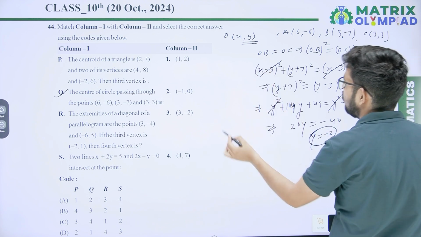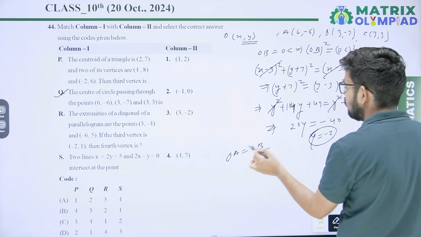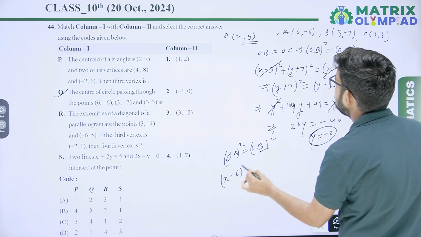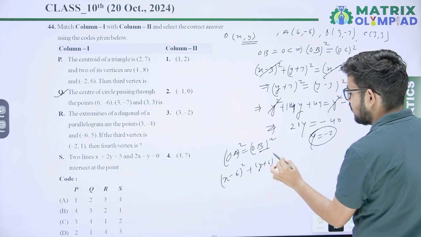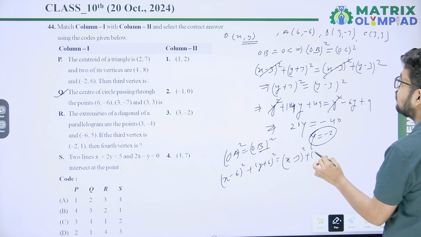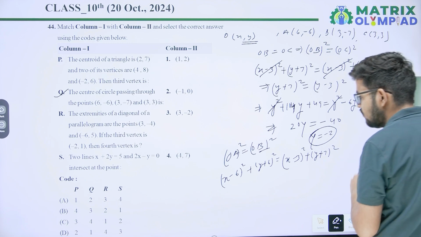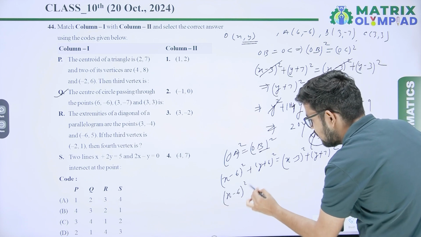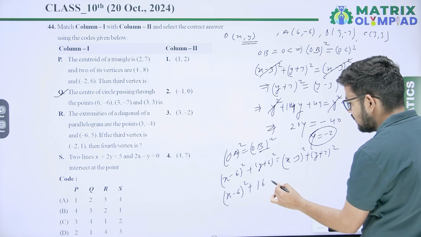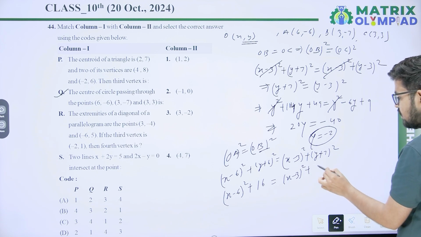Again we put OA equal to OB. So OA square equals OB square. From here it is (x - 6) square plus (y + 6) square equals (x - 3) square plus (y + 7) square. You can put the value of y here also. So you will get (x - 6) square plus (-2 + 6), that is 4 square, that is plus 16, equals (x - 3) square plus (-2 + 7), 5 square is 25.